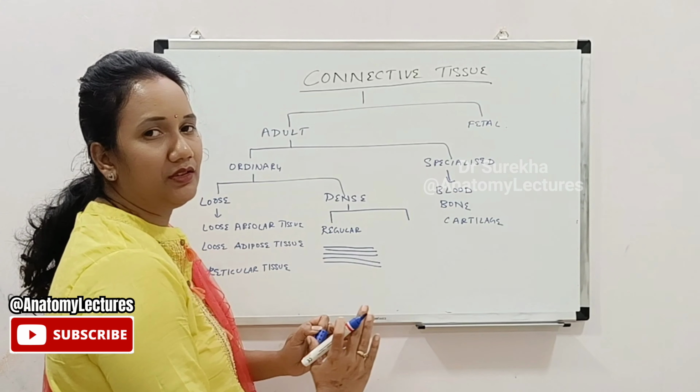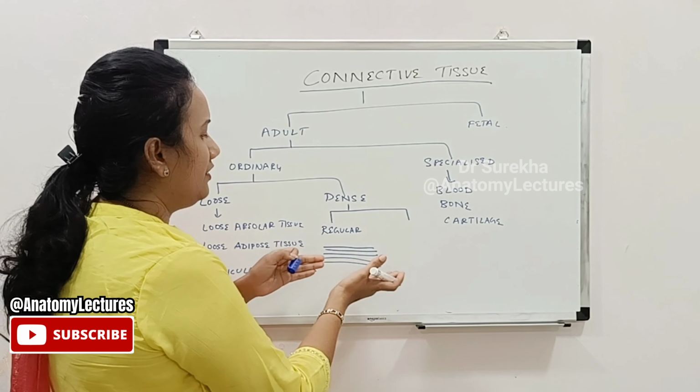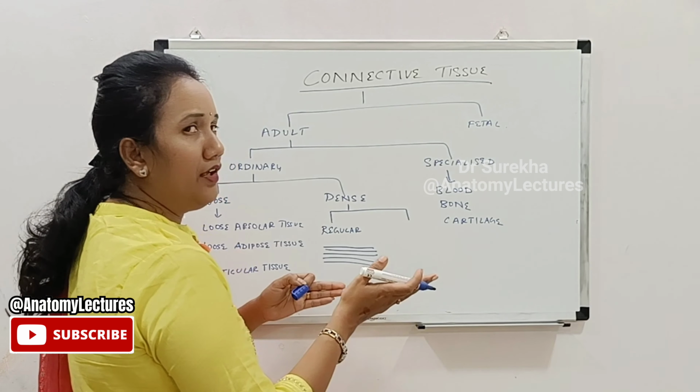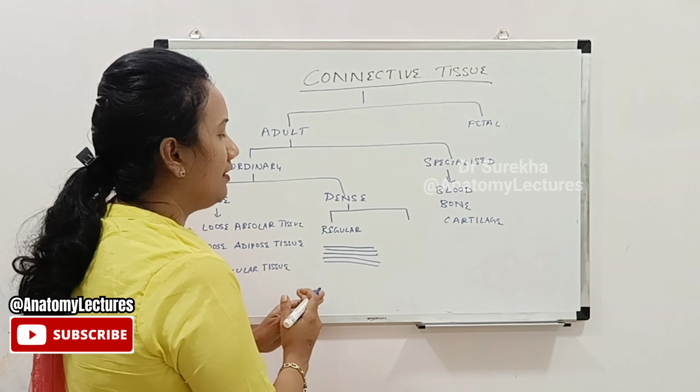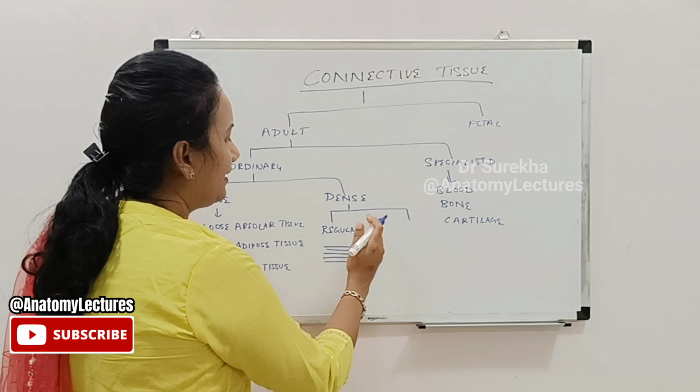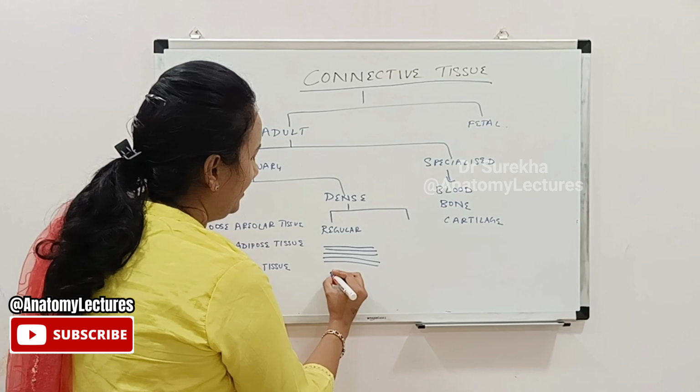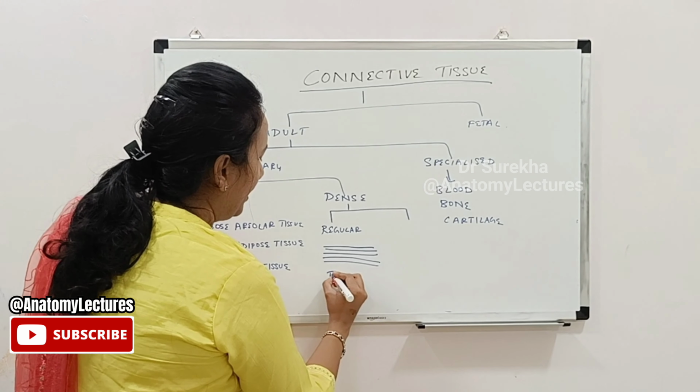All the collagen fibers which are there are arranged in one direction of the force in order to provide tensile strength. So that is called regular connective tissue. The examples for this regular connective tissue are tendon, ligament and aponeurosis.